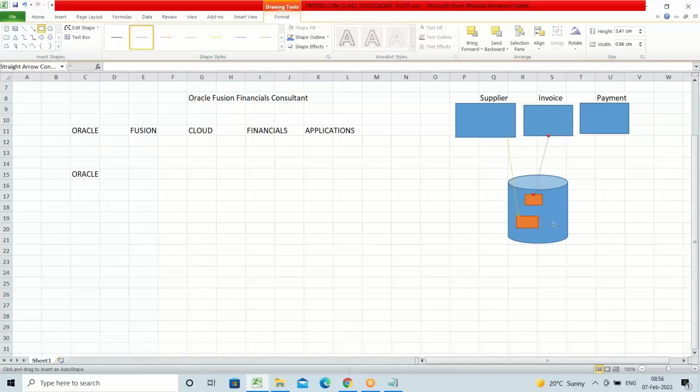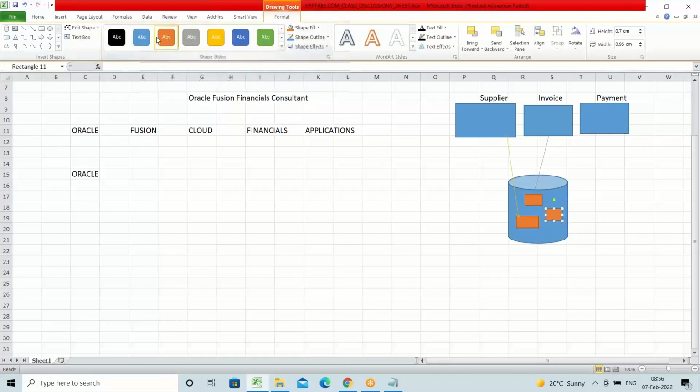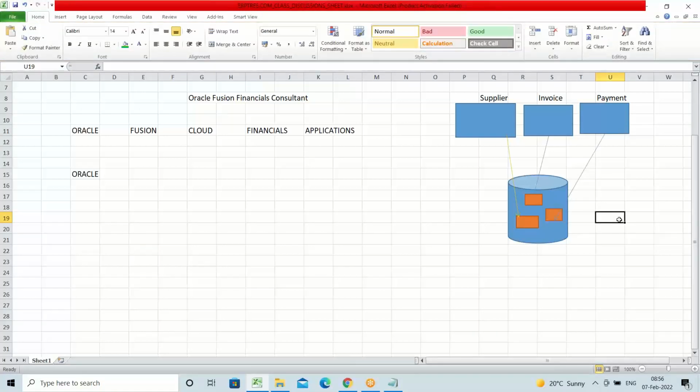And for payment also, you can have one table, and you can connect the payment page to the table. So this is how you can have pages, and you can have tables in the database, and those can be connected, and you can enter the data as per these pages.